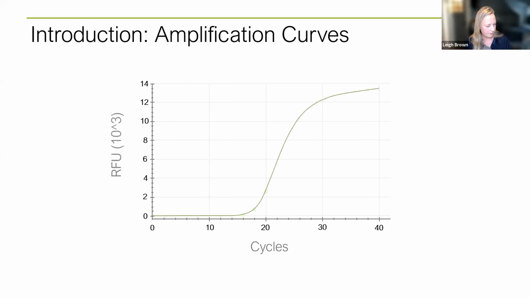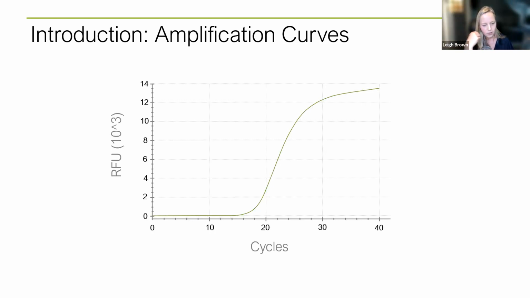There we go. And the software on the real-time system is going to draw a smooth line through each of the data points. So again, if we're looking back here, these are the data points. This is the quote unquote picture that's taken at the end of every cycle. So your machine will then draw this smooth line. That's the amplification curve.